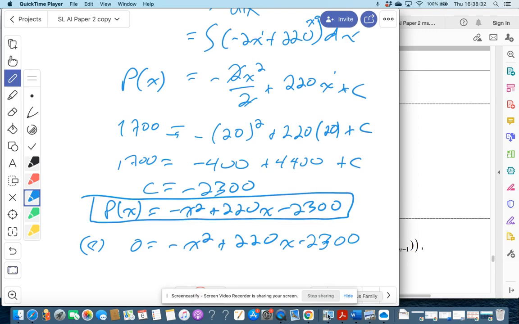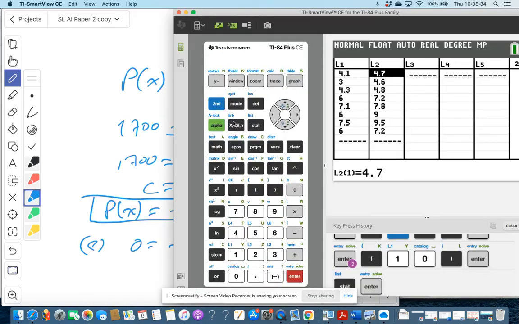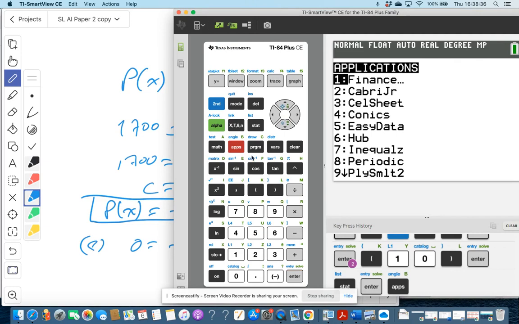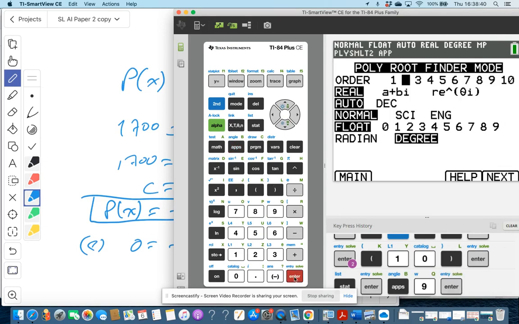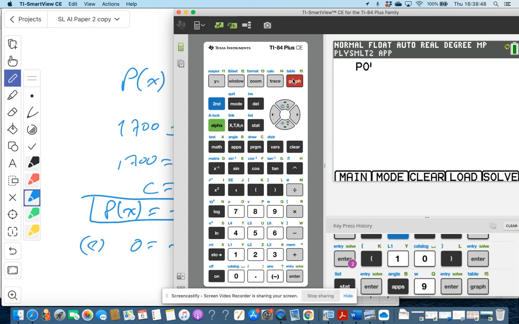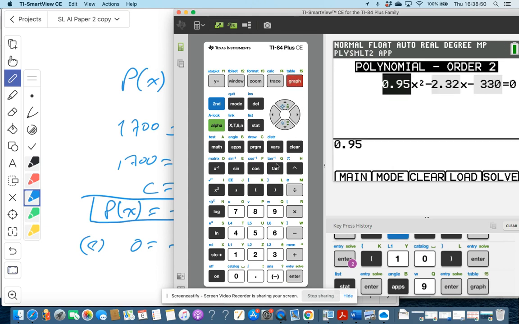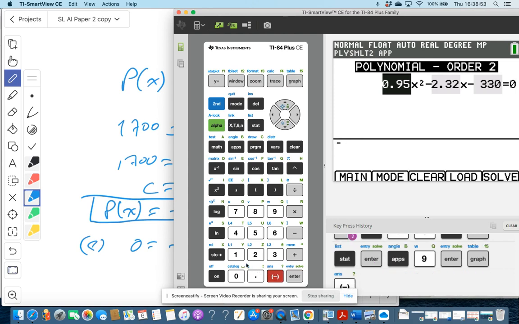I'm going to try Polysmlt here. Again, apps, Polysmlt number 9. I want to find the roots of this quadratic, so it's a second order equation. I move my buttons to go to next, and then I put in my coefficients. The first coefficient is negative 1, and then plus 220.